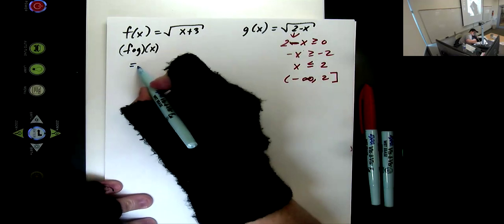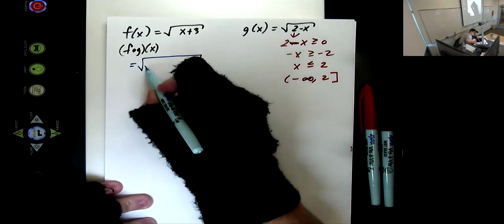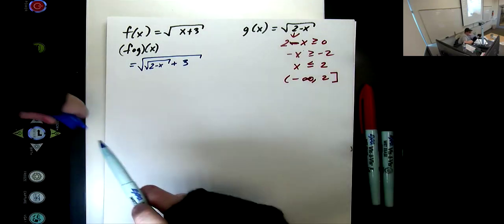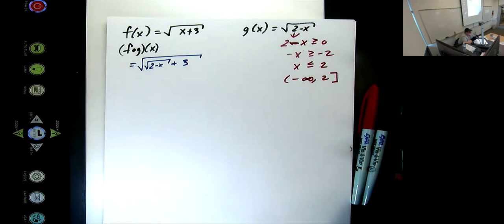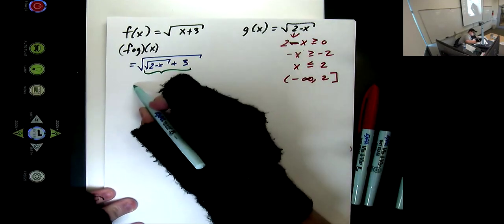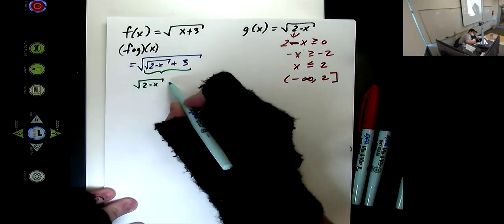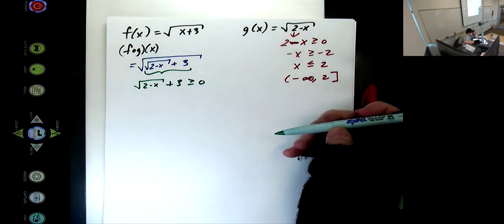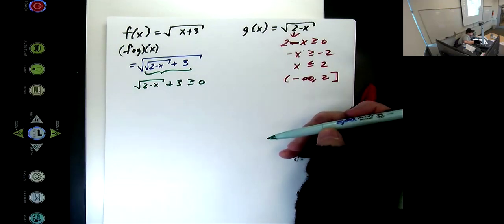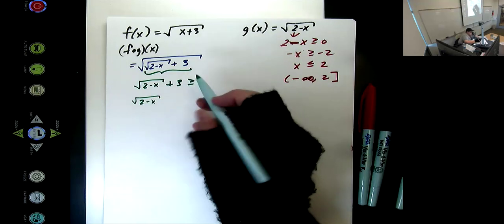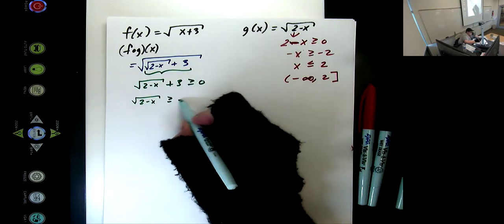Now we stick this in and we get the square root of 2 minus x, plus 3. So this is our f∘g of x, and we want that to be greater than or equal to 0. So I subtract 3 from both sides and I get that.